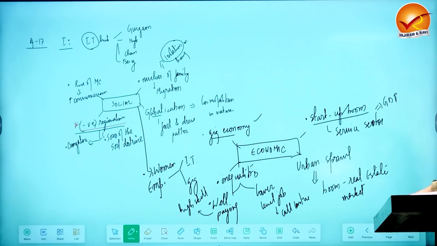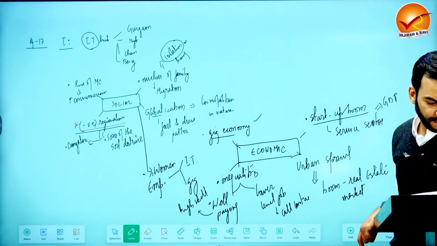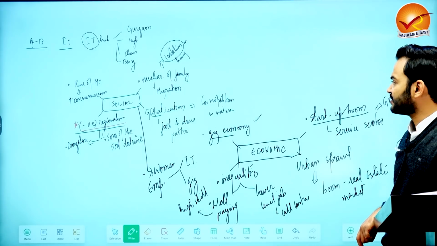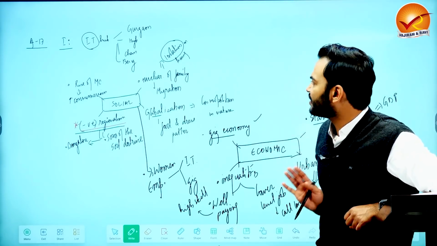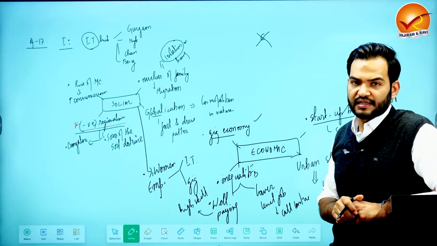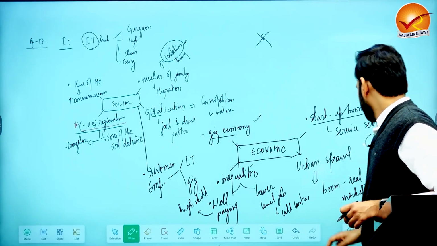So these are the economic implications of IT industries in major cities. So there will be only intro and body, no need for writing conclusion in such kind of answers, not required.